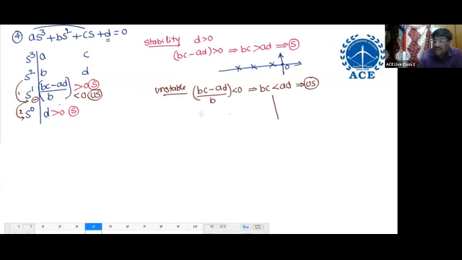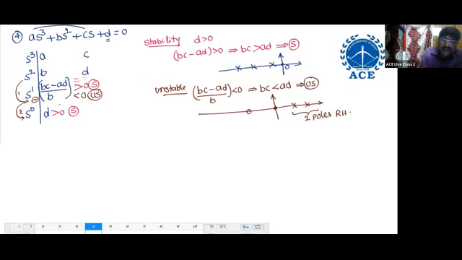That means two poles lie in the right of the S plane. Only one pole lies in the left of the S plane. Total three poles only, na. Two sign changes, two poles right. One pole only left.